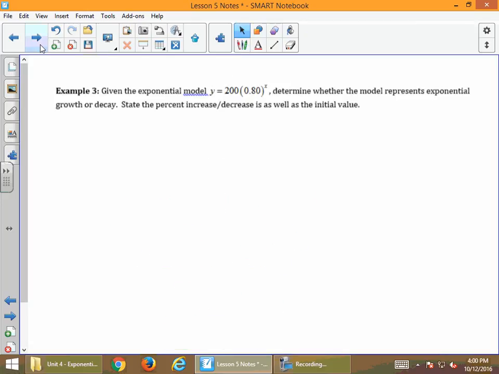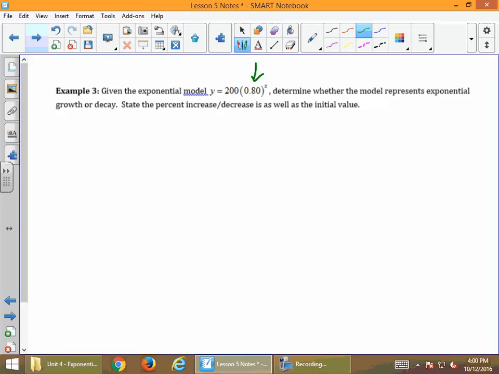We look at example 3. This is given the exponential model y equals 200 times 0.80 to the x. Determine whether the model represents exponential growth or decay. State the percent increase or decrease as well as the initial value. Okay, well this inside part is going to tell you whether or not it's growth or decay.